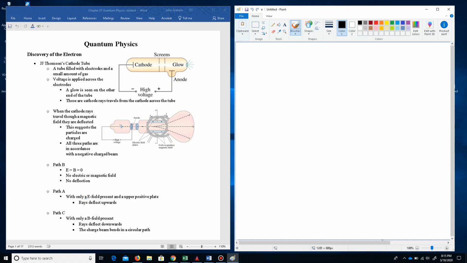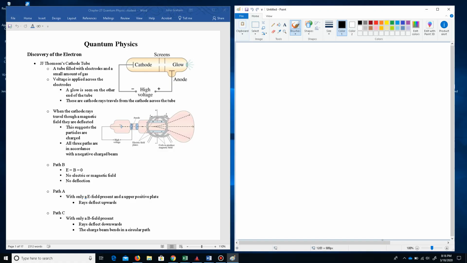So first, looking at the discovery of the electron, we have what's called J.J. Thomson's cathode tube, which has a battery hooked to it. You have the cathode side, the anode side, and a screen.